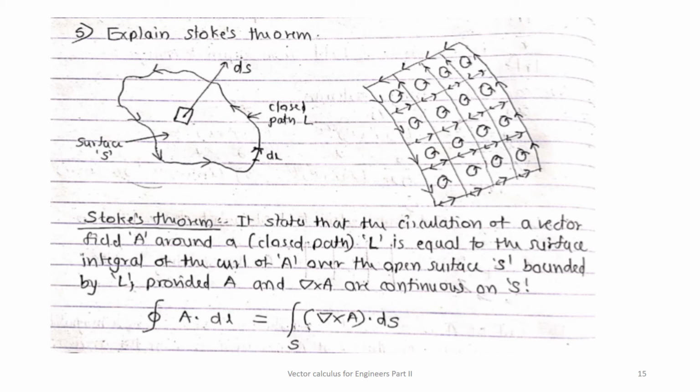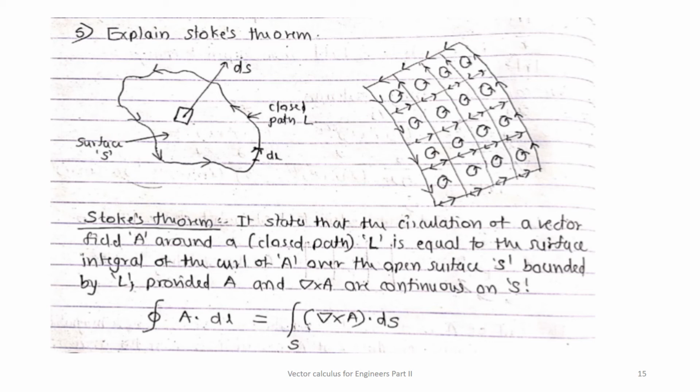On the interior path, there are two vectors in opposite directions because we consider the circulation, and hence there is a cancellation of the vectors, and therefore you will get the vectors at the outer boundary bounding the curve L.